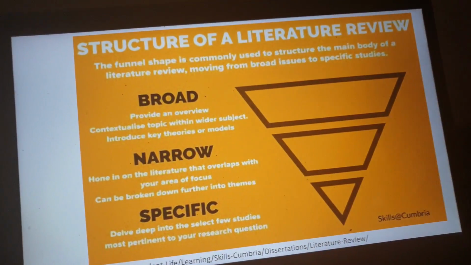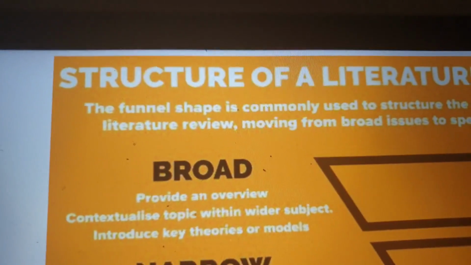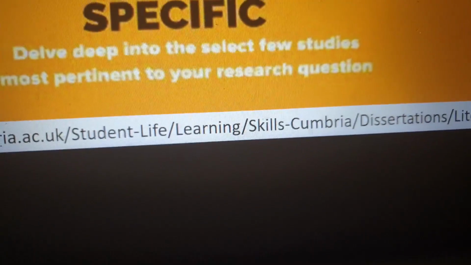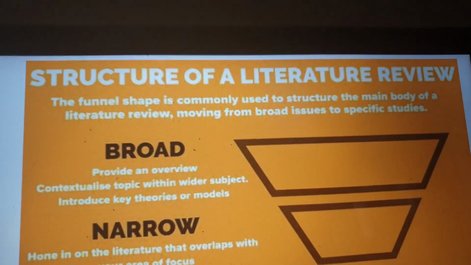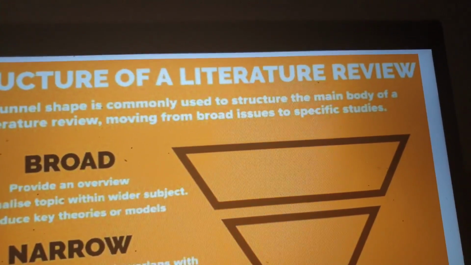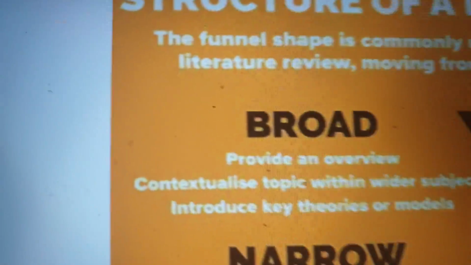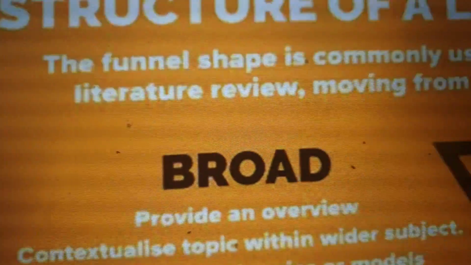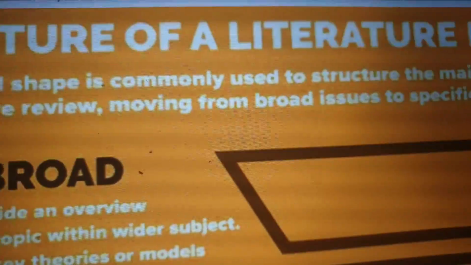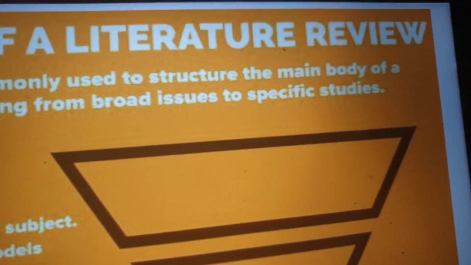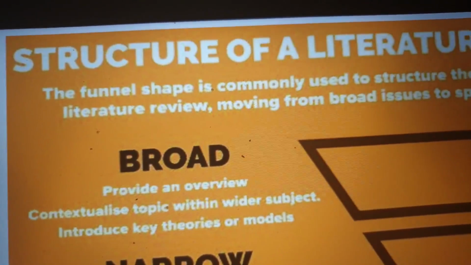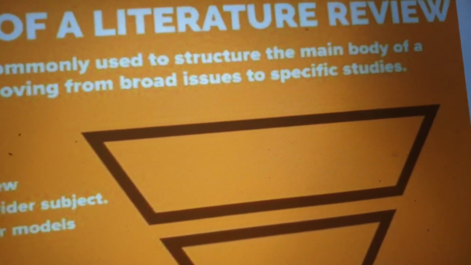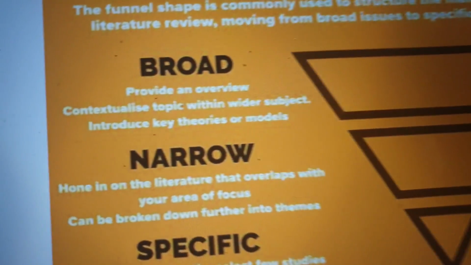Still on the issue of the funnel structure. Now this is a different source. Like I said, many authors agree that it should take this shape, hence I'm borrowing from quite a number of them. So we're told that the funnel shape is commonly used to structure the main body of a literature review, moving from the broad issues to specific issues. There you are.